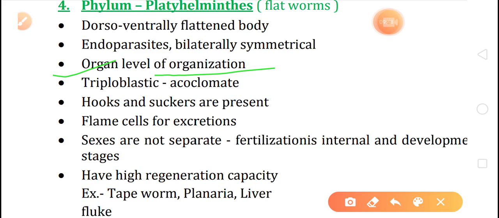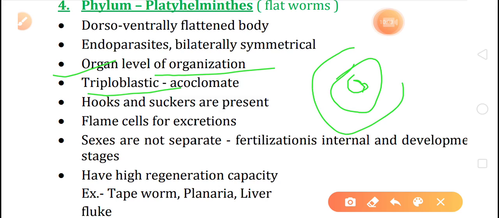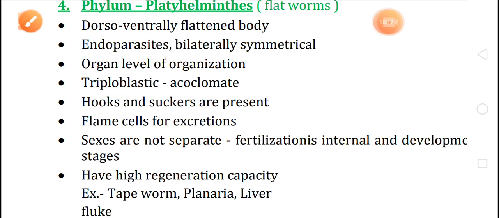The Platyhelminthes are triploblastic. Triploblastic means they have three germ layers: endodermal, mesodermal, and ectodermal. That's why we say that these organisms are triploblastic.